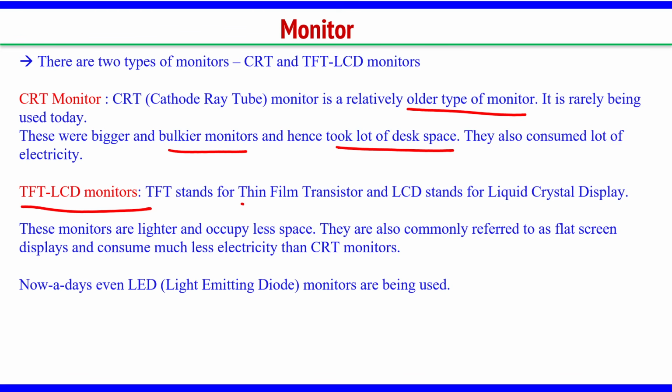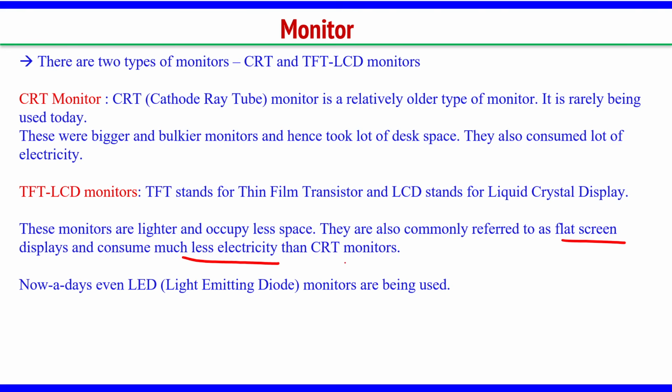Then we have TFT LCD monitors. TFT stands for thin film transistor and LCD stands for liquid crystal display. I think you are hearing about LCD screens these days, right? These monitors are lighter and occupy less space. They are also commonly referred to as flat screen displays and consume less electricity compared to CRT. And advanced version of LCD is LED, right?